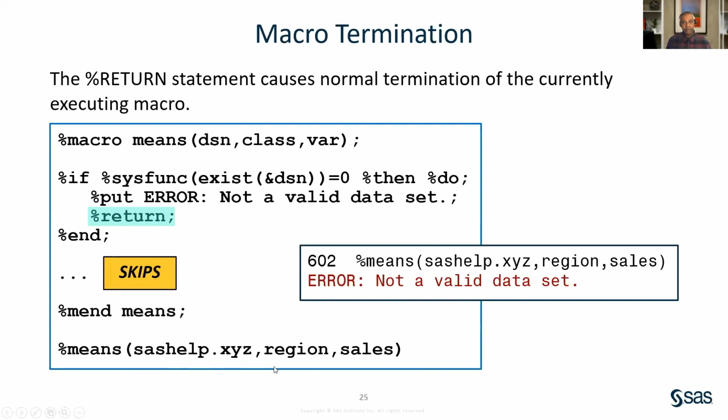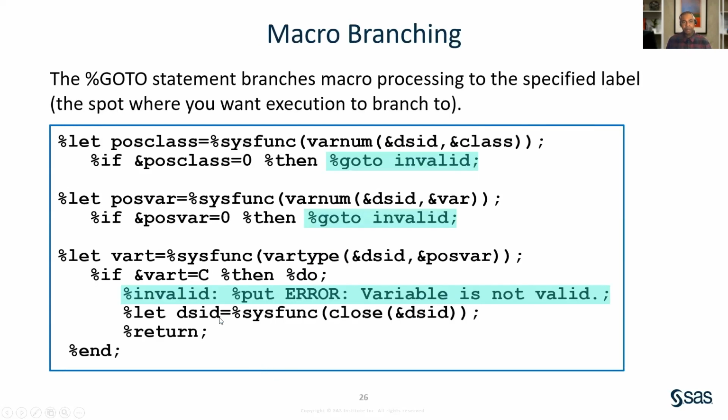Here it is. We can go to, or branch to, a certain section that we can control. Let's check this one out. %let position class equals the %sysfunc of the varnum function on the data set ID for that variable.